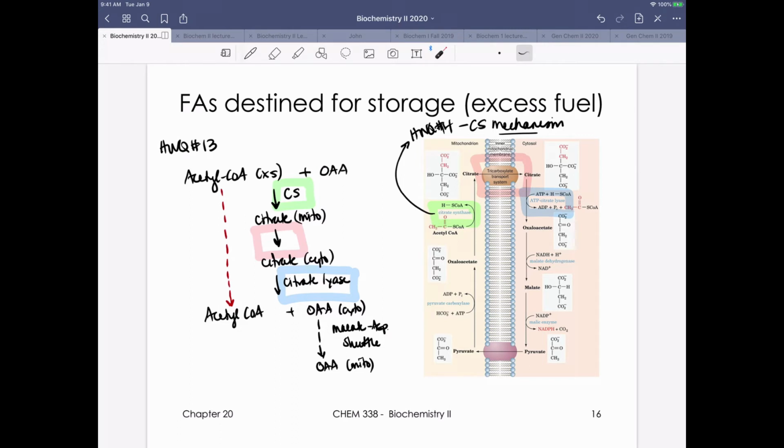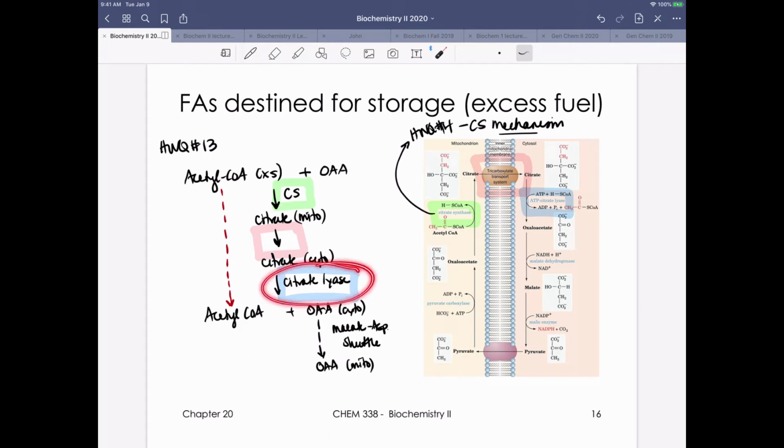And again, it's all right to use some of that because if we're not in a need state, we don't need to be doing citric acid cycle chemistry. So we're going to make citrate that's in the mitochondrion. We do have a citrate transporter. So this tricarboxylate transport system will transport citrate. So in essence, we disguise acetyl-CoA as citrate by coupling it with oxaloacetate. We transport it across that inner mitochondrial membrane, and now we've got citrate in the cytosol.